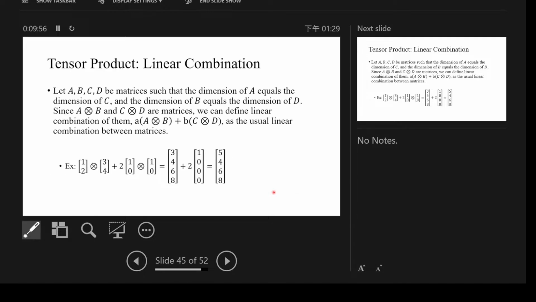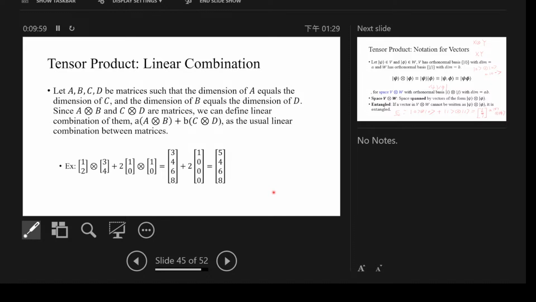Okay, and then one obvious thing you can do with tensor products is add together two different vectors or two different matrices that are tensor products.